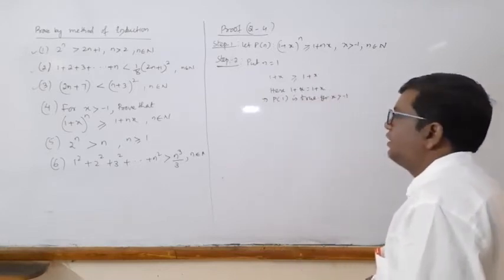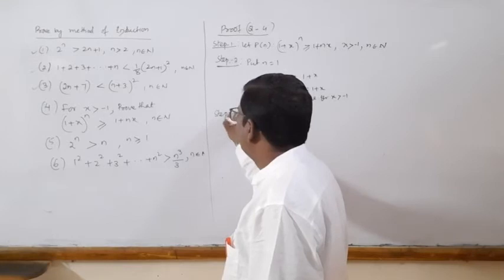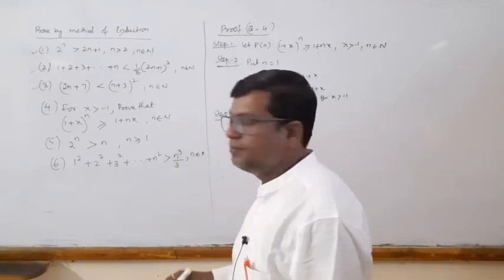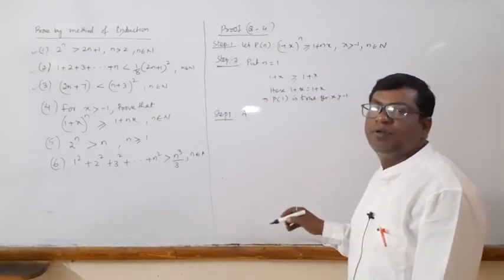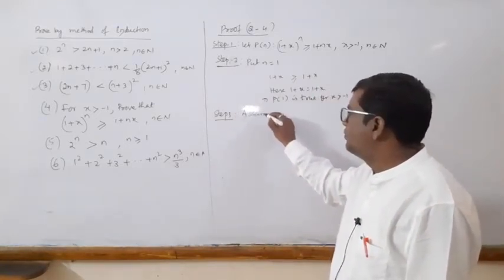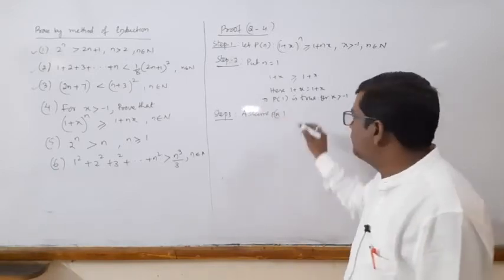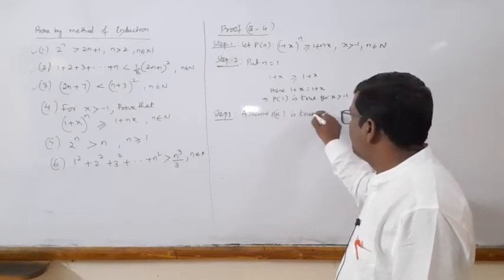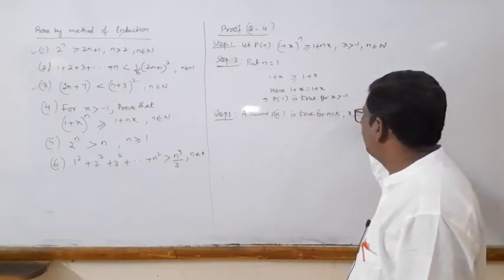Now assume Pk. Step 3: assume P of k is true for n equal to k, x greater than minus 1.